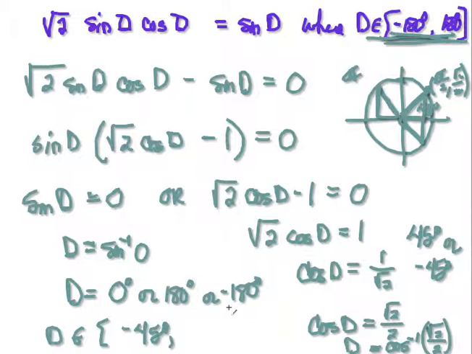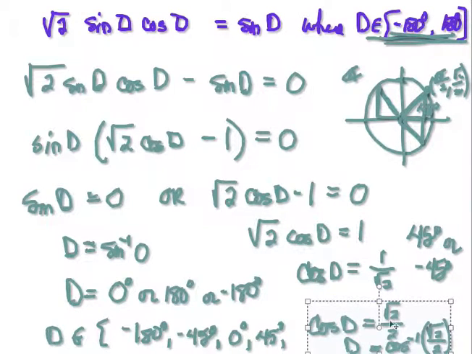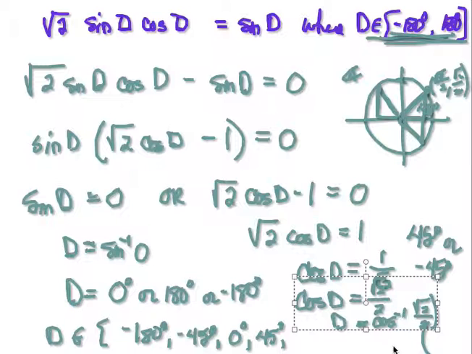Well, let's see. What about negative 180? Yeah, it could be that. So why don't we put that one first? Let's say negative 180 degrees, negative 45 degrees, just to put our negative numbers first, okay? Then it could be 0 degrees, it could be 45 degrees, and last, it's going to be 180 degrees.